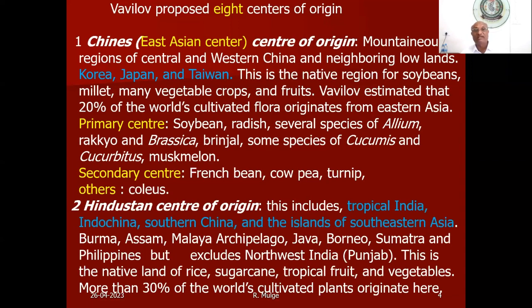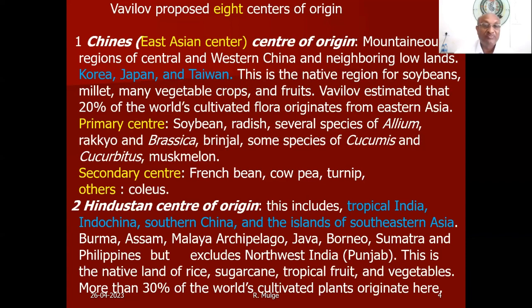The second center is the Hindustan center of origin. This includes tropical India, Indochina, southern China, and islands of Southeastern Asia, like Burma, Assam, Malaya Archipelago, Java, Borneo, Sumatra, and Philippines. Some names have changed now, but this excludes northwest India, that is Punjab.